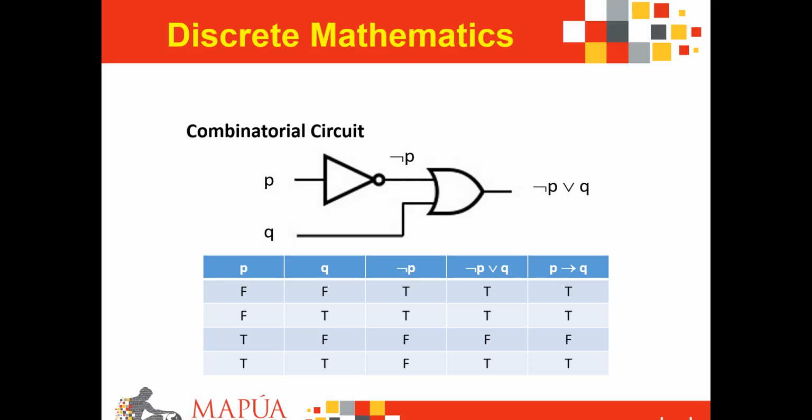Likewise, you could also see that this expression, not P or Q, is in fact equivalent to your implication or conditional connective, which implies that this is the respective logic for your conditional or implication.